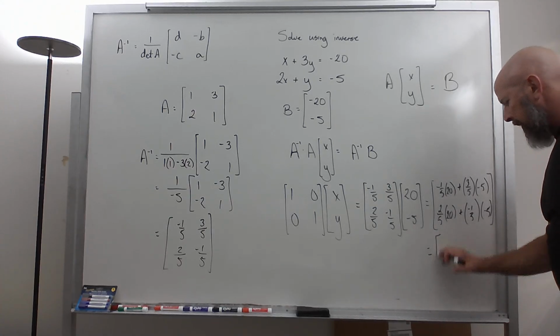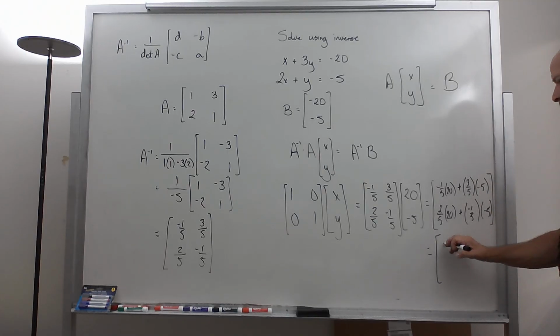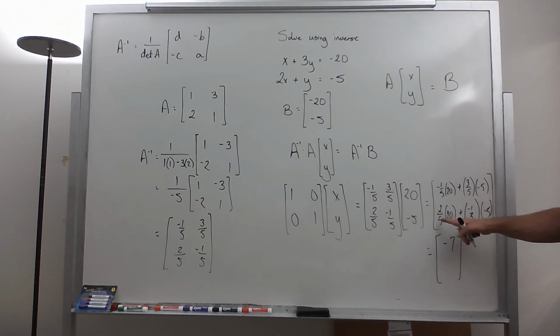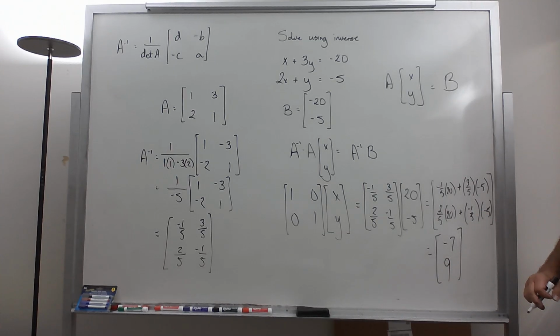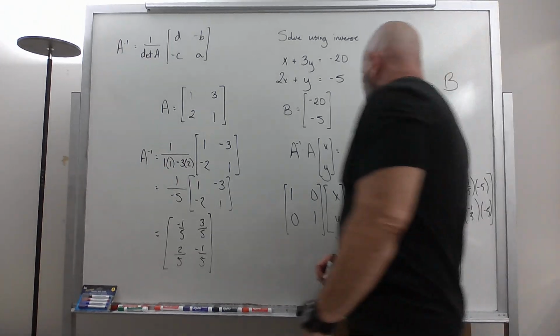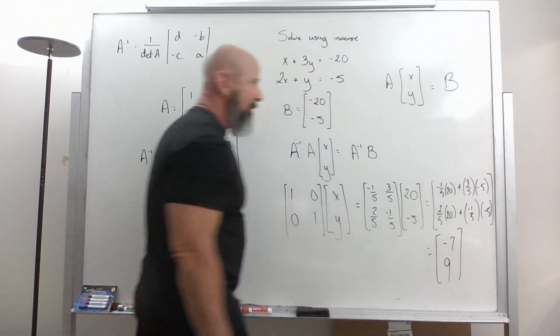All right, if I evaluate that, that would be negative 4 minus 3 is negative 7, top number. And then that would be 8 plus 1, that's 9, there's that bottom number. This is my x value. There's my y value solution.